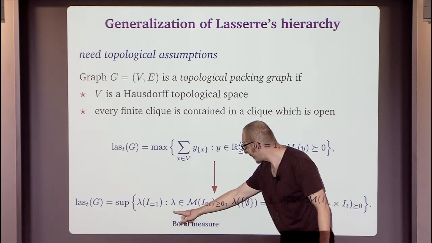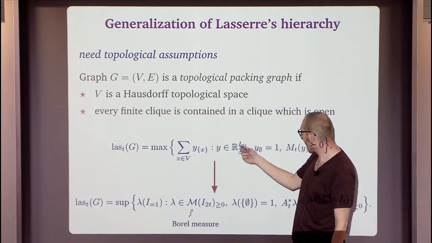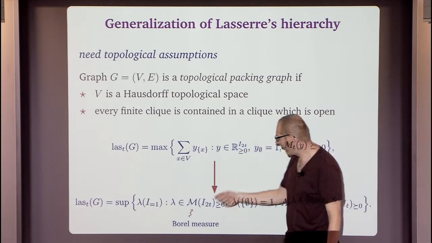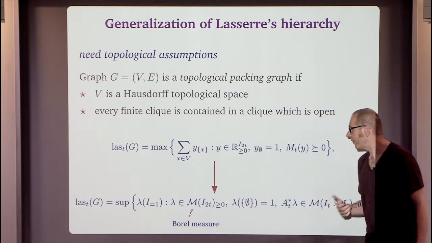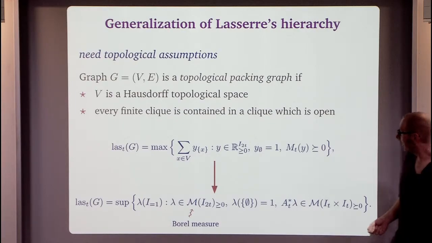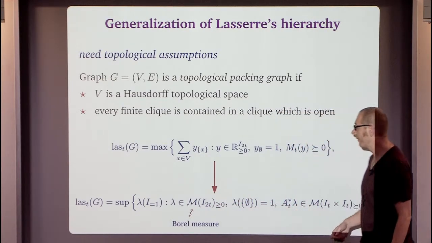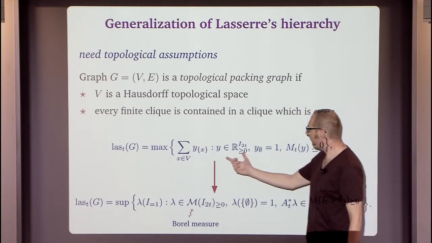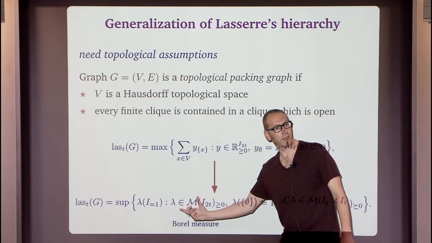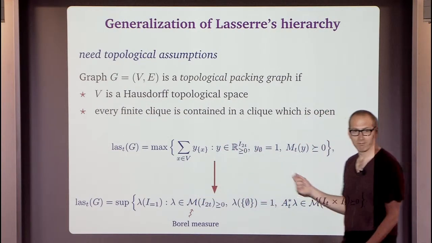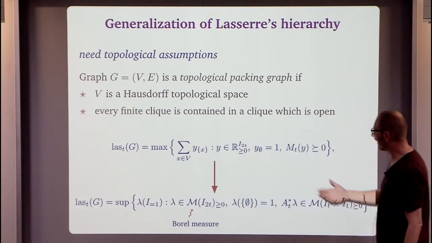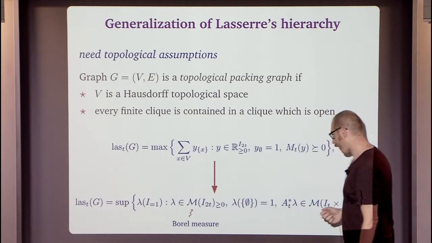And lambda now is not a vector indexed by independent sets anymore. It's a Borel measure on the set I_2t. So from moment vectors, we go to moment measures. Doesn't sound so good, but that's how it is.